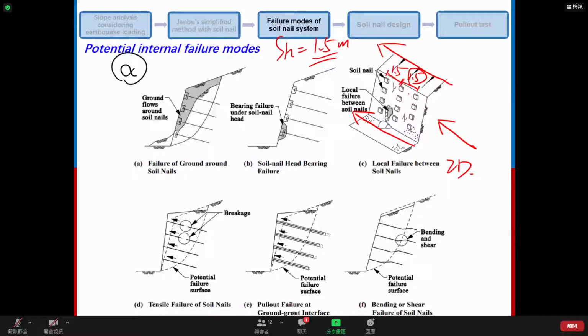So when we calculate the force, for example this one, of the soil nail, we get a force value. Then we need to divide the force value by 1.5 meter to get the so-called line load of the soil nail, to get the TSI.